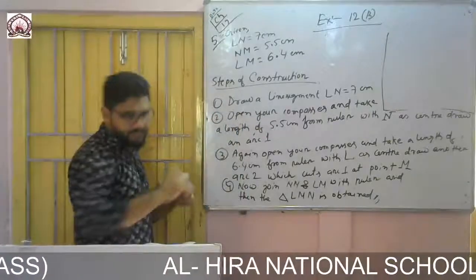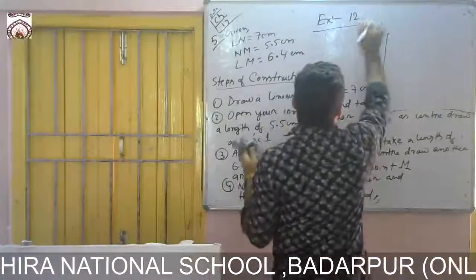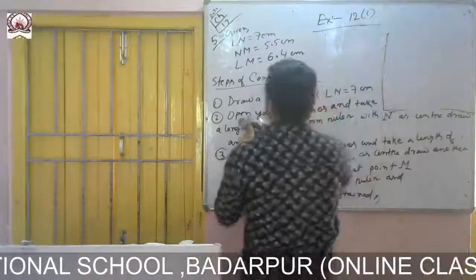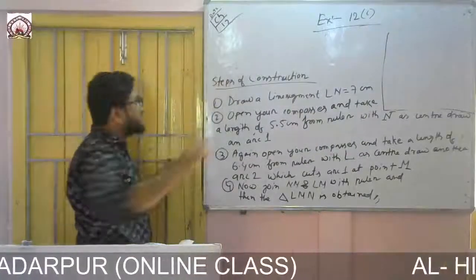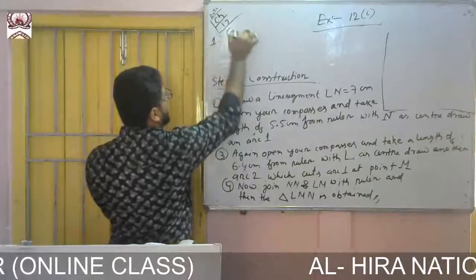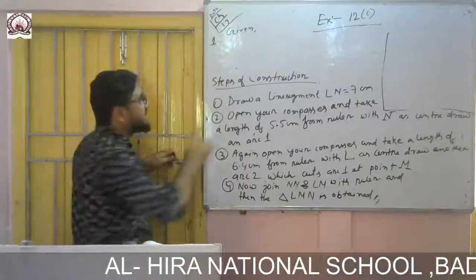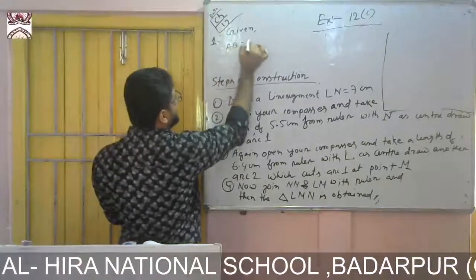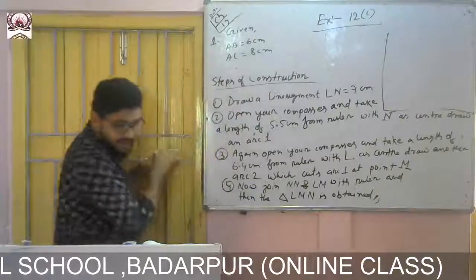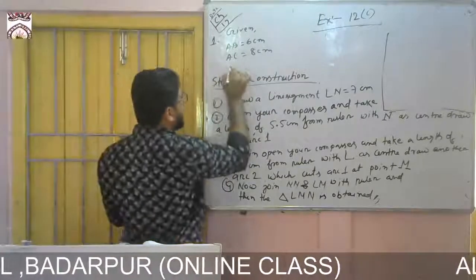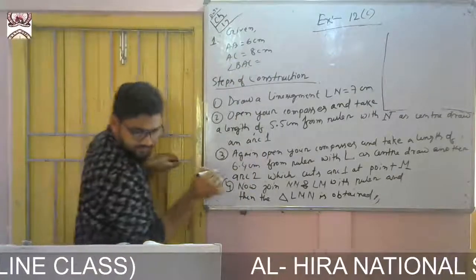So exercise 12C, question number 1. Given AB equals to 6 centimeter, AC equals to 8 centimeter, and angle BAC, that means angle A, equals to 50 degree.